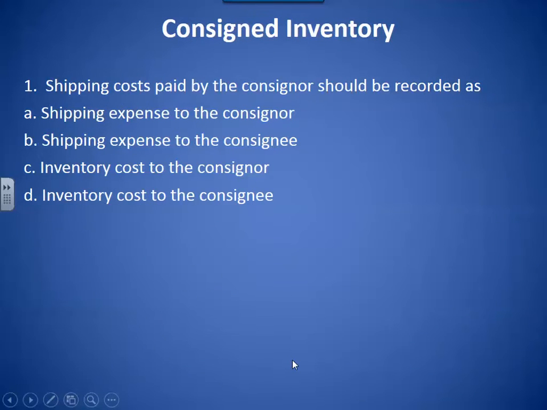Okay, let's go ahead and try question number 1 on consigned inventory. Number 1 says shipping costs paid by the consignor should be recorded as, and you're given 4 choices. Go ahead and stop your video and make your choices.